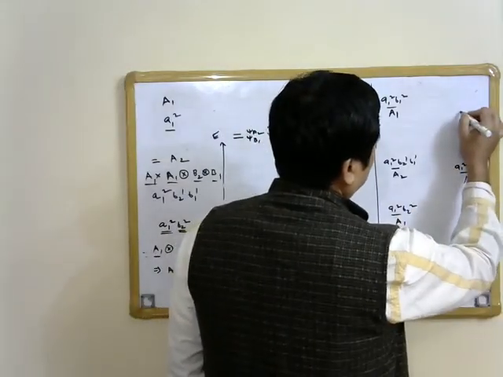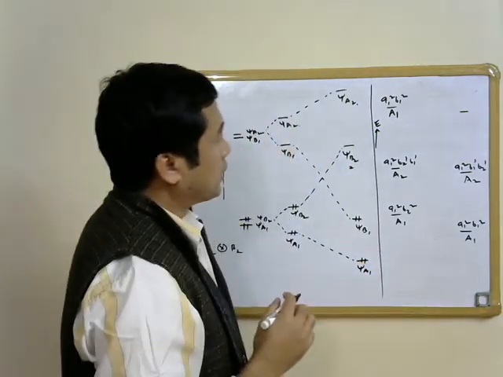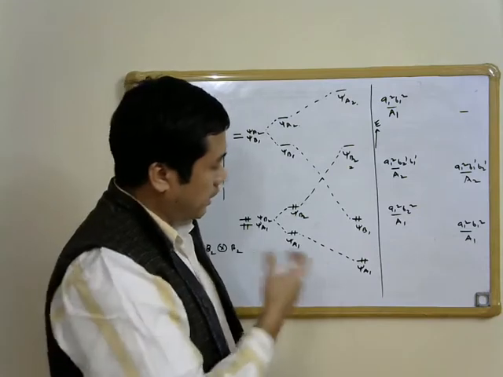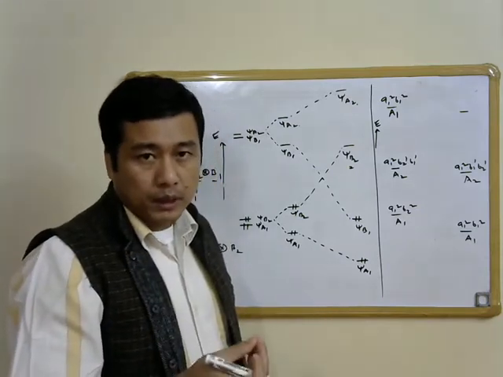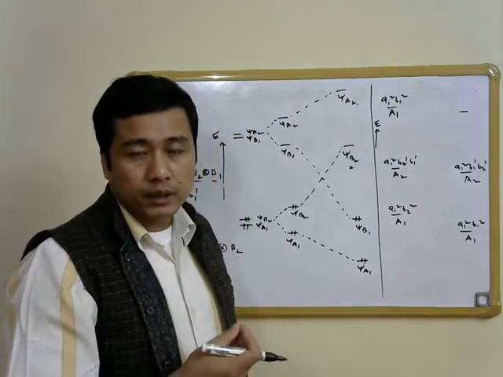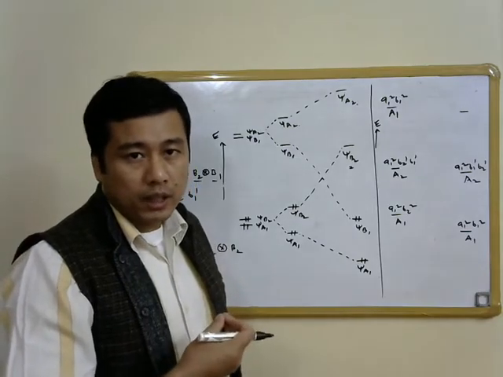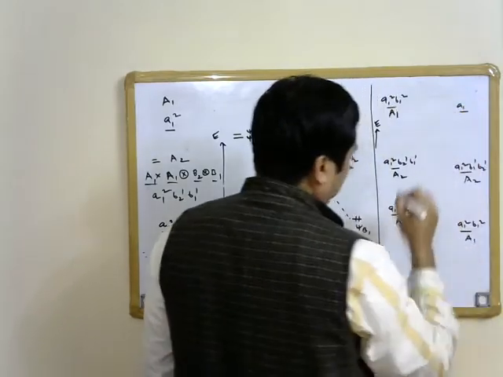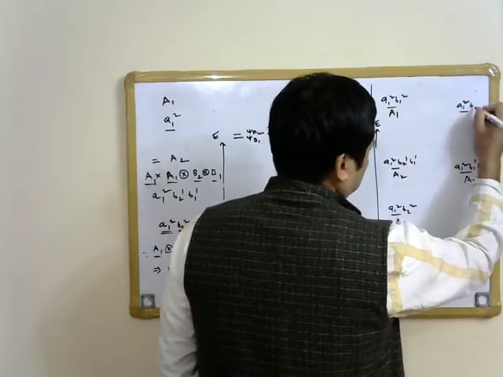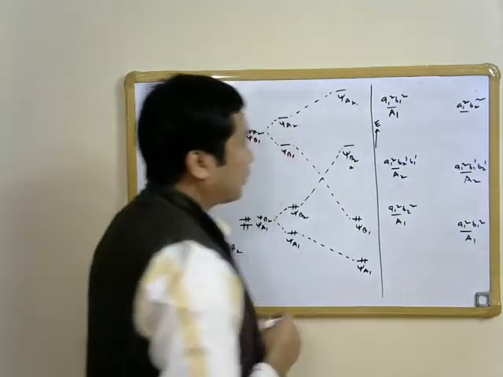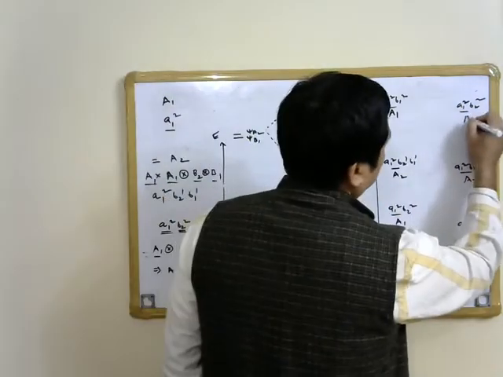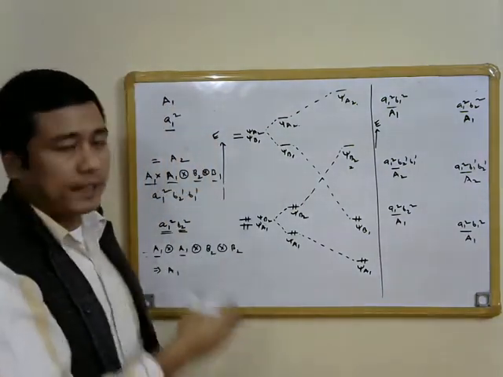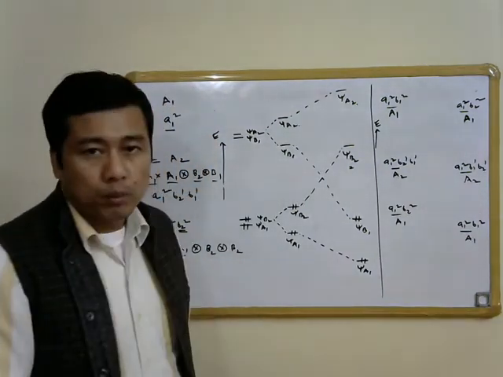Then we will write an excited electronic state in the product, but this excited electronic state has to correlate with the ground electronic state of the reactants, and we know that the ground electronic state in the reactant is B2 squared, and this state also has symmetry equal to A1. So that is an excited electronic state in the product.